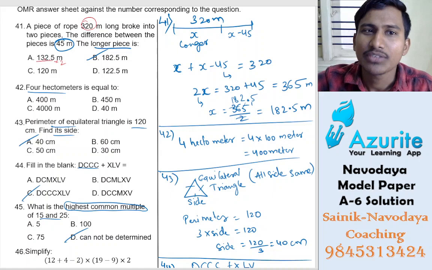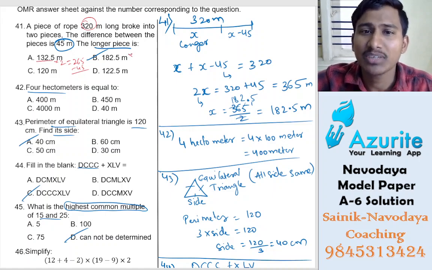So here, if you double 132, it will be 265, right? So 265 minus 45, it will not come to 320. That is already less.